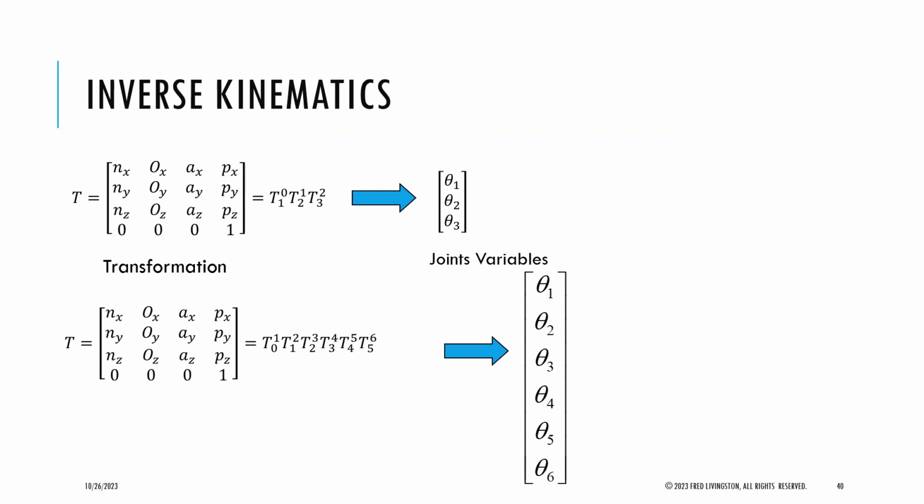You also have situations where you can have multiple solutions. So if I want to pick up an object here, I have a Q1 and Q2 here, but I could also have an elbow up and elbow down.